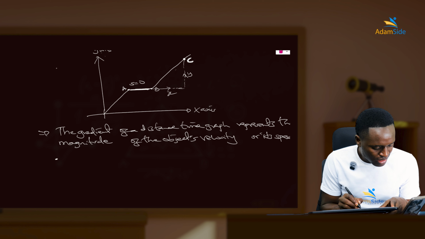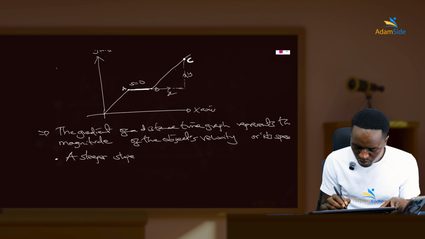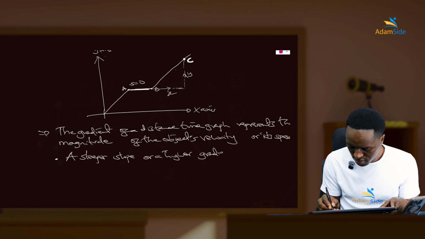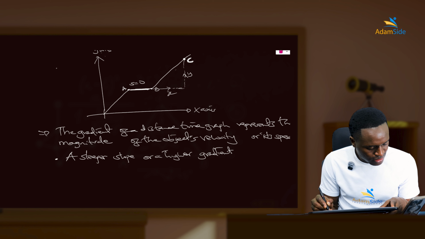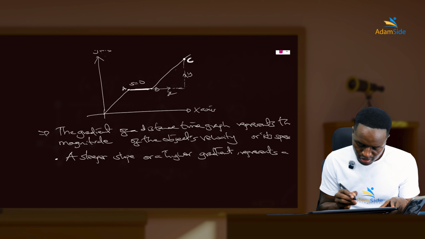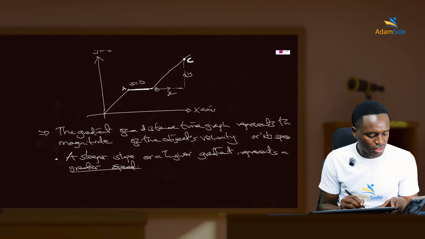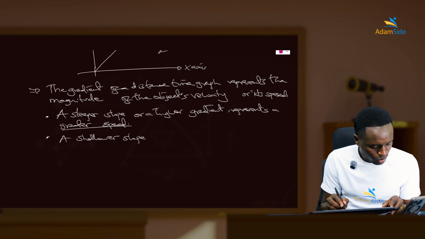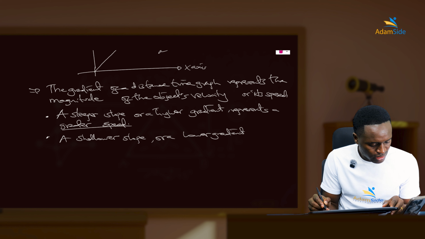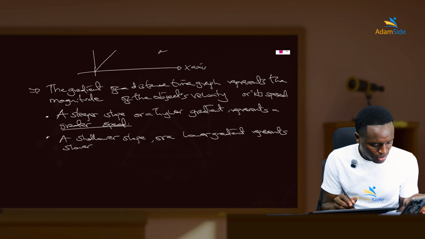Another concept: a steeper slope or a higher gradient represents a greater speed. A shallow slope or a lower gradient represents a slower speed.